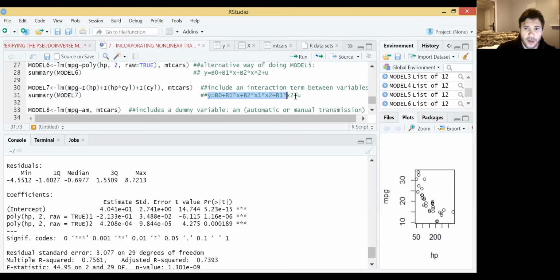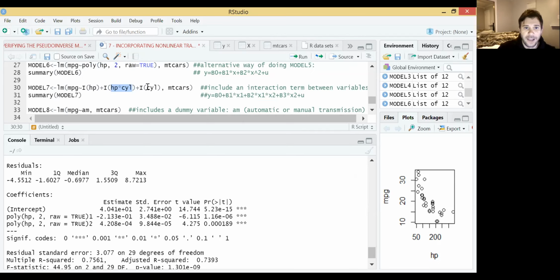So here is the model in model 7. We have a beta 0. We have a beta 1 times x, let's call that x1. And we have a beta 2 now times the interaction of x1 and x2, the product of x1 and x2. The way I code that here is, again, by using that I with the parentheses, and I write the two variables inside that I want to create the interaction between.